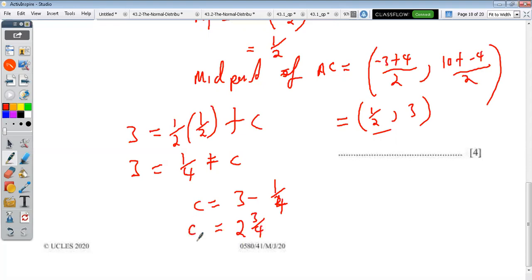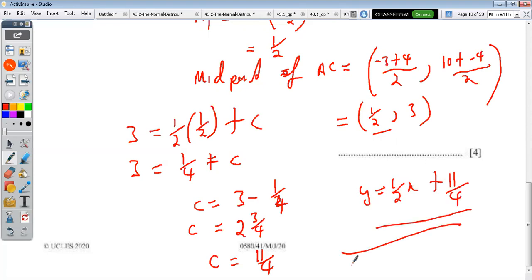What is 2 and 3 quarters as an improper fraction? 11 over 4. So we are done. y is equal to half x plus 11 over 4. Clear now? Yes, sir. And you get all the 4 marks.